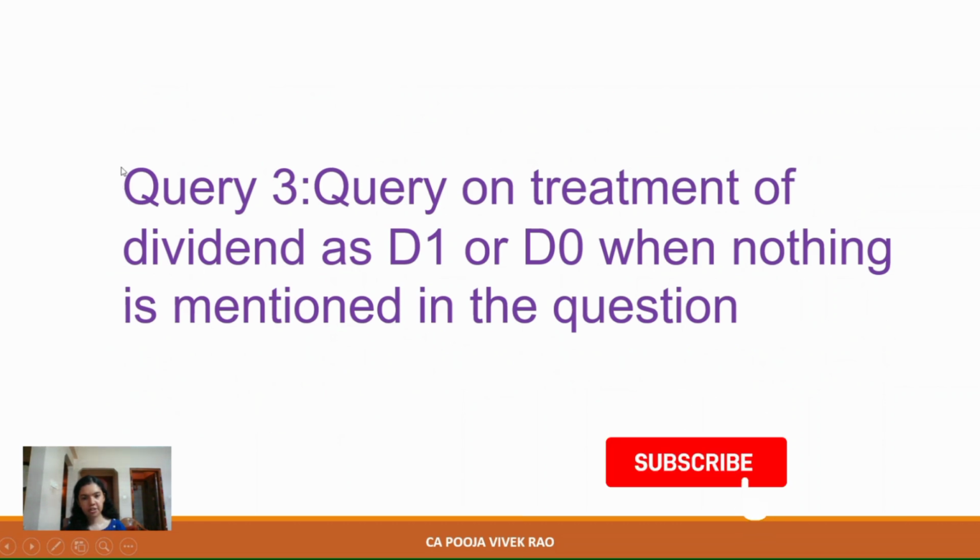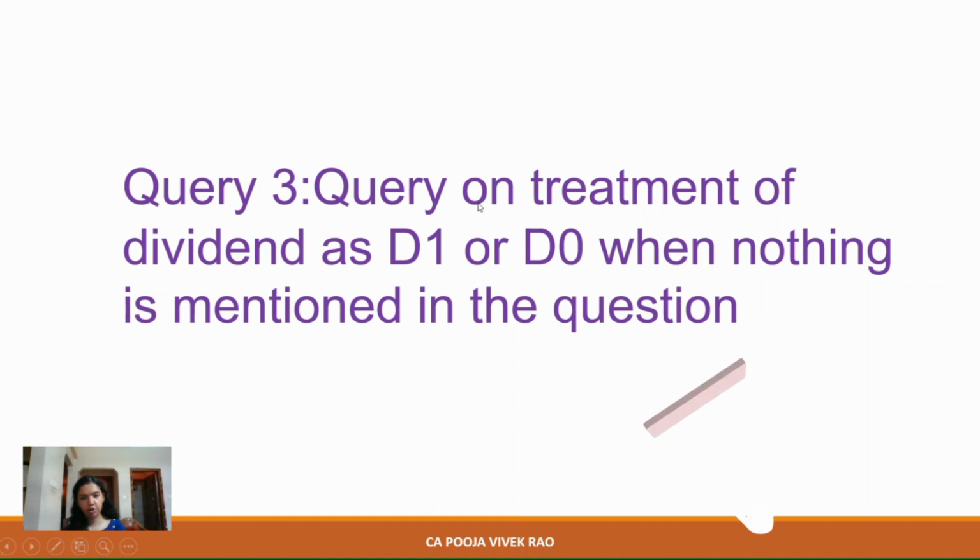The third query answered was on the treatment of dividend as D1 or D0 when nothing is mentioned in the question. So in the exam, if there is any question where there is a dividend, and they have not mentioned whether it has to be treated as D1 or D0, first you have to read the question carefully and see whether there is any hint in the question as to whether the dividend has to be treated as D1 or D0.